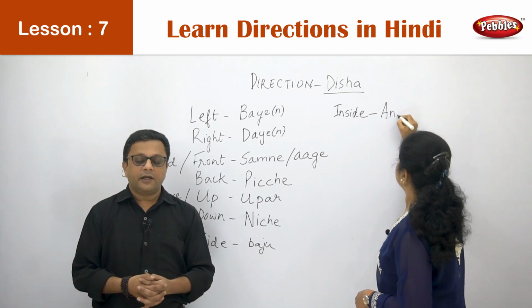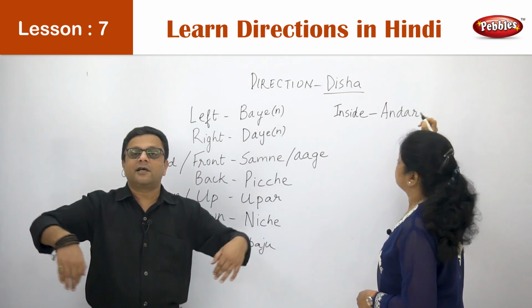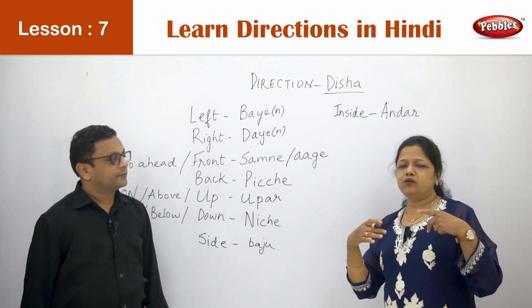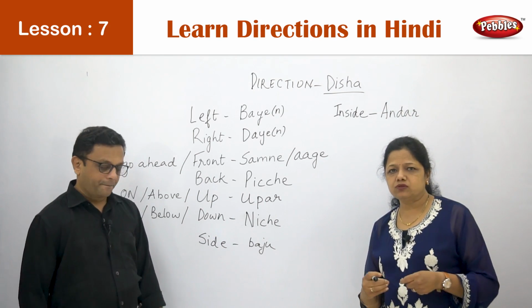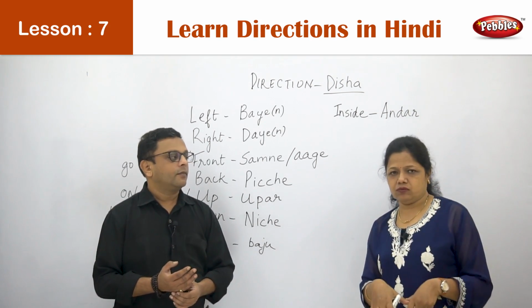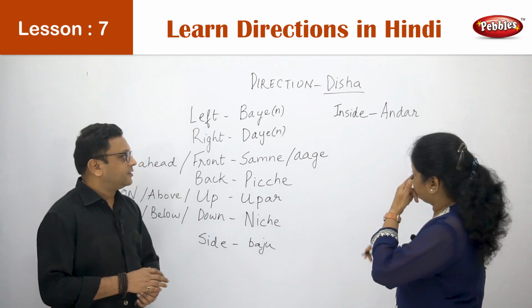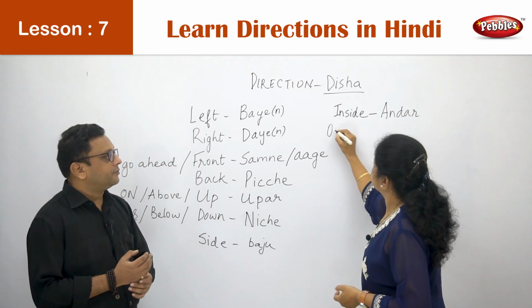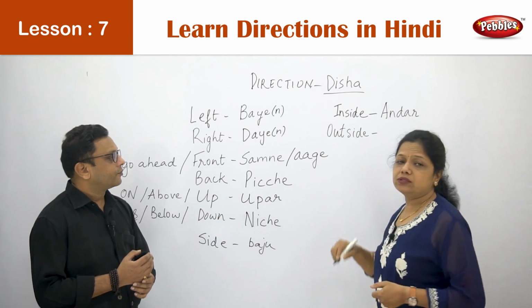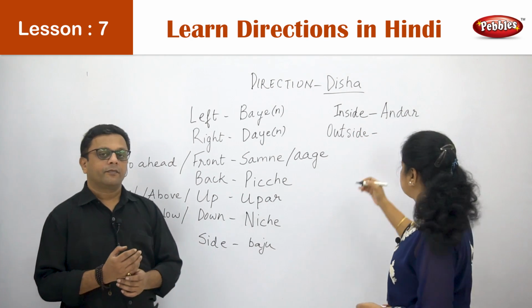If anything is enclosed by something, it is called अंदर. When I am inside a room, I will say "मैं इस room के अंदर हूँ". And then outside, in Hindi, means बाहर.